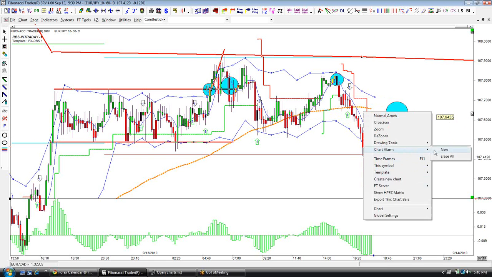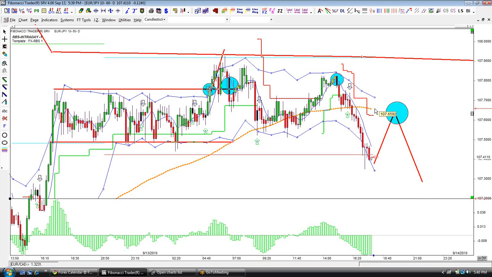I will also place an alarm so I know when price would trade close to it. I can come and watch. Once price pulls back, finishes this corrective move, I will be able to look for bearish opportunities, sell signals like this one.